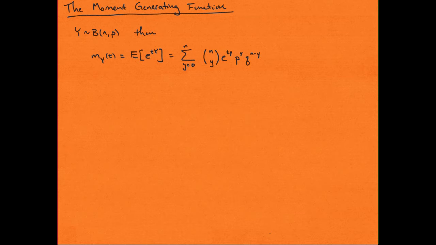Well, we've defined the probability density function for binomial distributions, and so we just multiply that PDF by e to the ty, summing over all values from 0 up to n. Then we do a little bit of algebra, and we can put the e to the t together with the p, because both of them are to the y power using our properties of exponents.